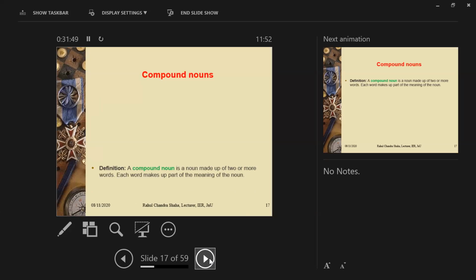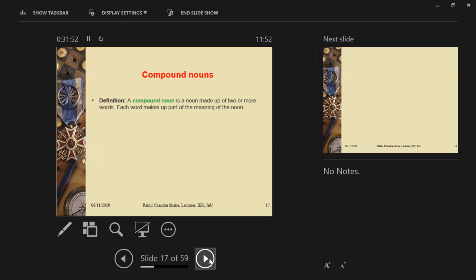Actually, if I want to define compound nouns, a compound noun is a noun made up of two or more words. Each word makes up part of the meaning of the noun. That means compound noun is another part of the collocations, which means compound nouns are formed with the help of other nouns.